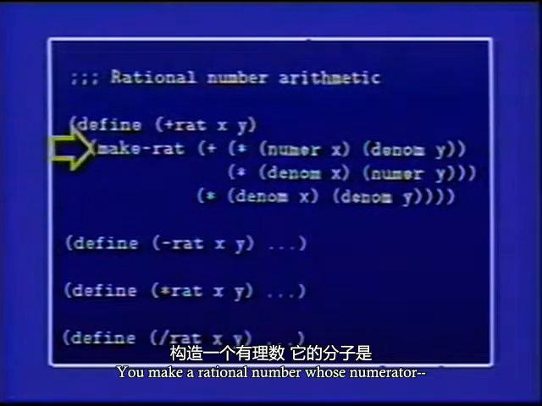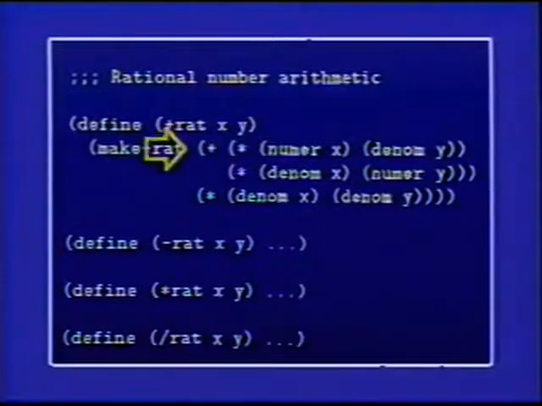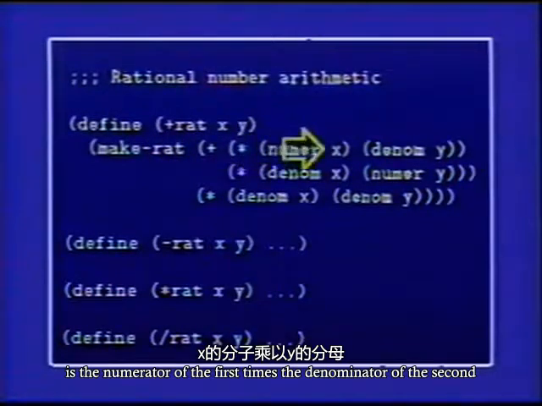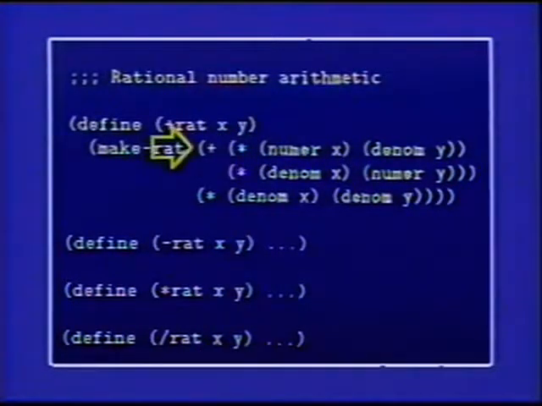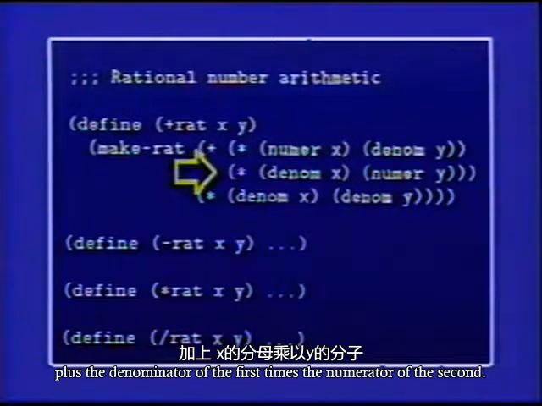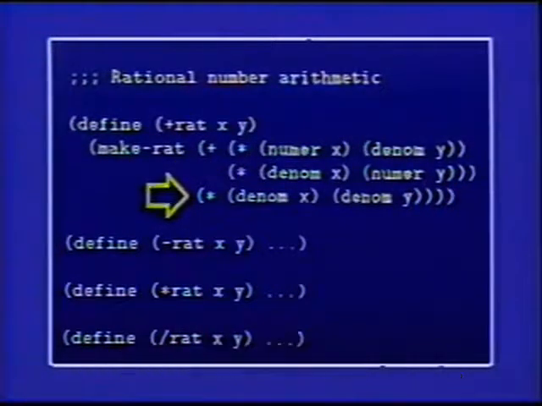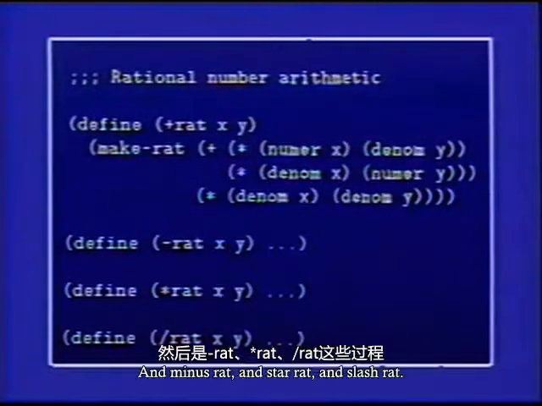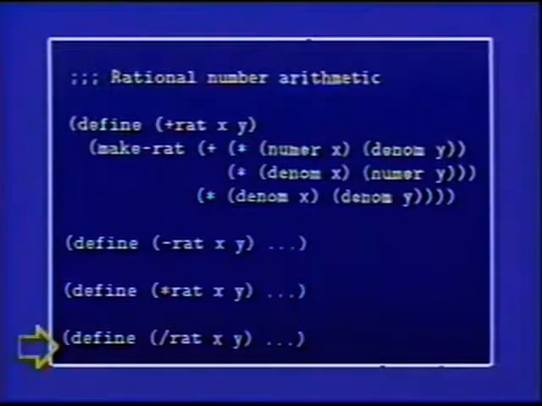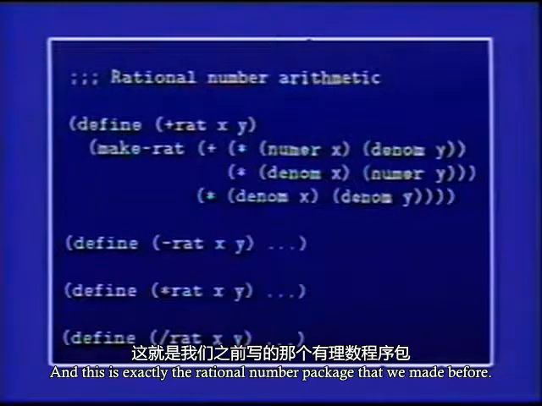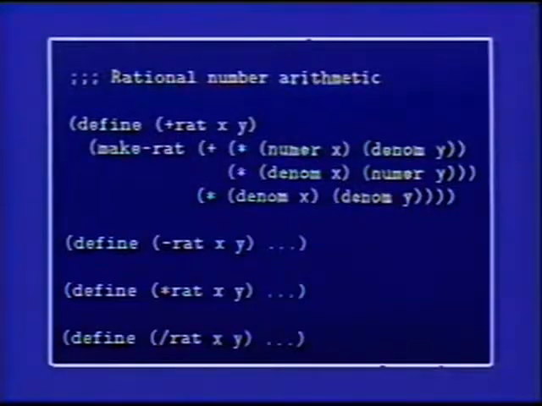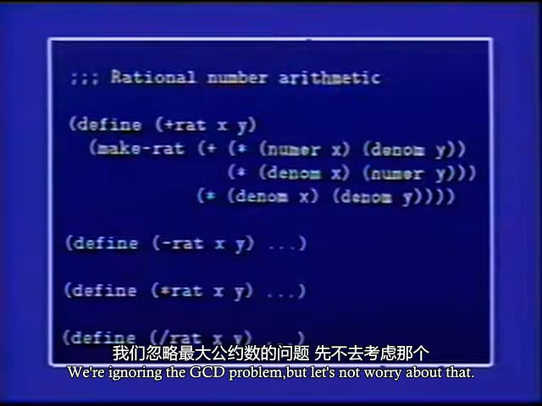You make a rational number whose numerator is the numerator of the first times the denominator of the second, plus the denominator of the first times the numerator of the second, and whose denominator is the product of the denominators, and minus rat, and star rat, and slash rat. Right? And this is exactly the rational number package that we made before. We're ignoring the GCD problem, but let's not worry about that.